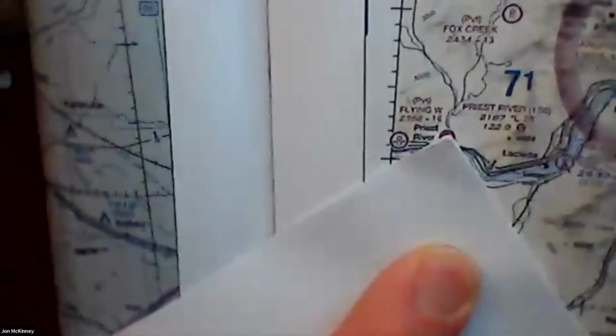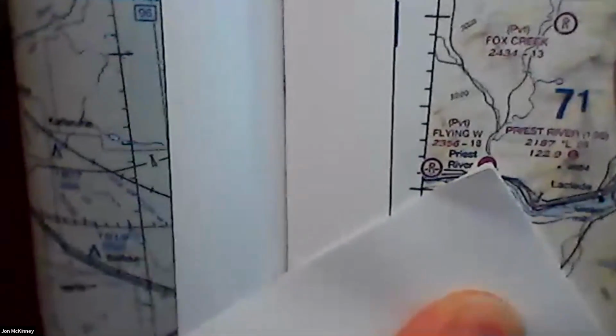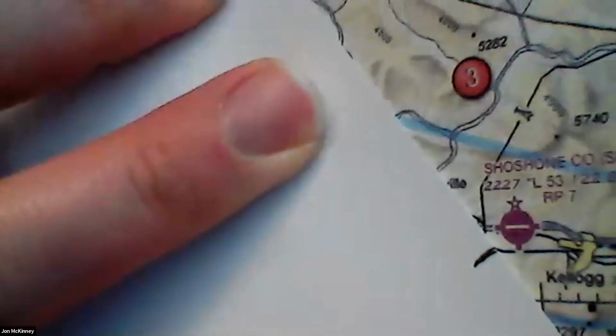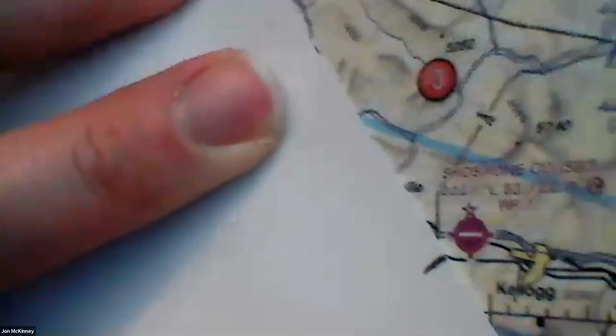And then on the bottom of my paper, I'm going to make a mark where I intersect with the center of Shoshone Airport. If it gets off, it gets off. But the idea is that I got the top corner of my piece of paper lined up with the Priest River Airport, and at the bottom of my piece of paper, I've made a dark mark where the Shoshone Airport lives. Oh, okay. So all you're going to do is put the corner of that up against the ruling on top. Yep. So now I'm going to make the mark and I'll show it to you.